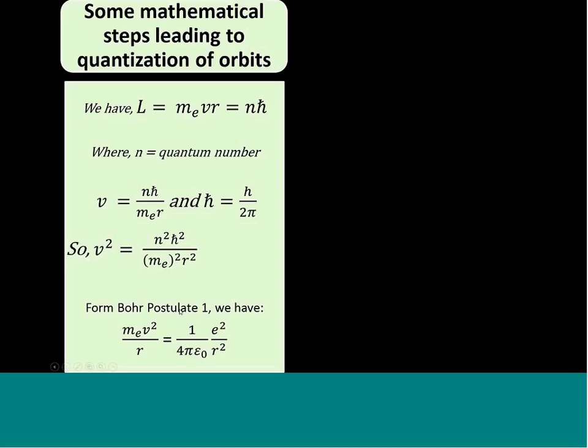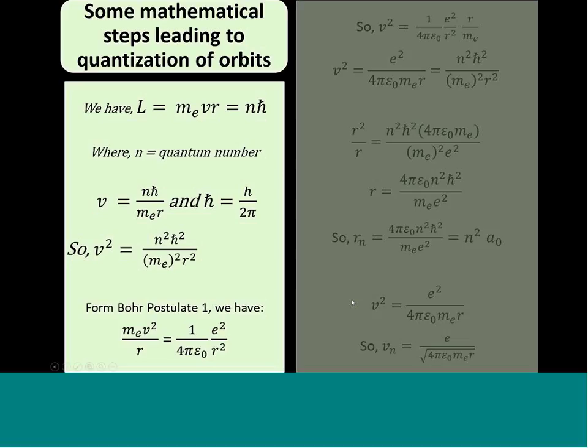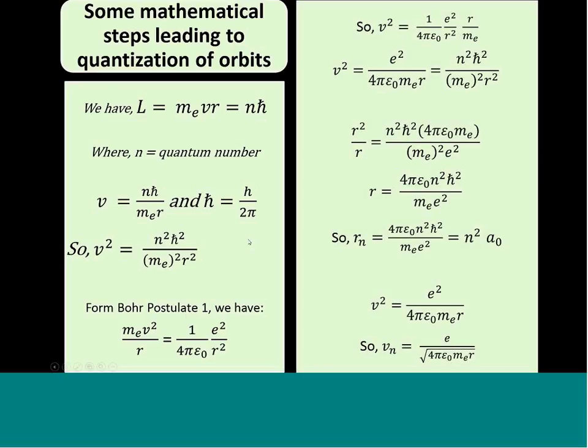Okay, so then kita ambil Bohr postulate 1. We have ME, V kuasa 2 per R. Daripada ni ambil V kuasa 2 saja. So M E, R ni kita bawa ke sebelah kanan.